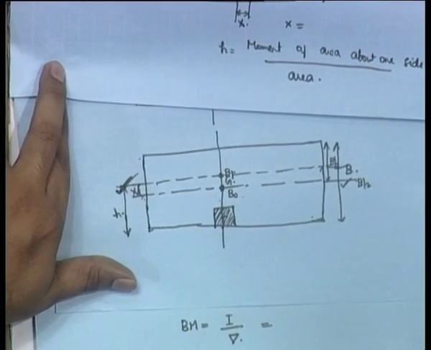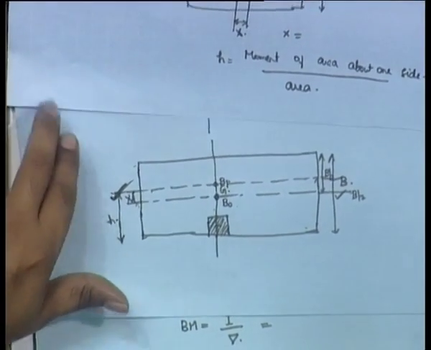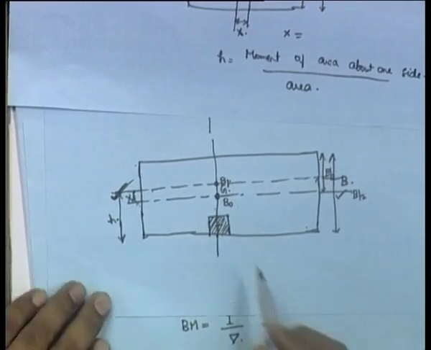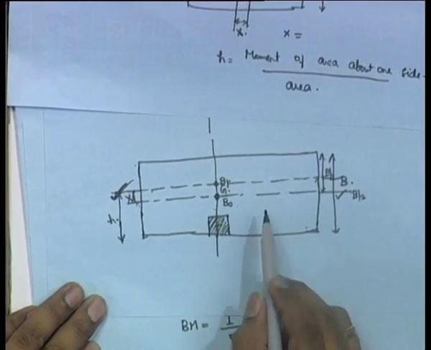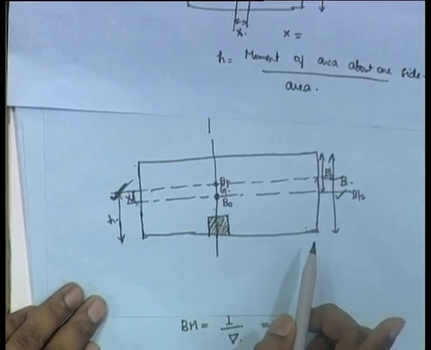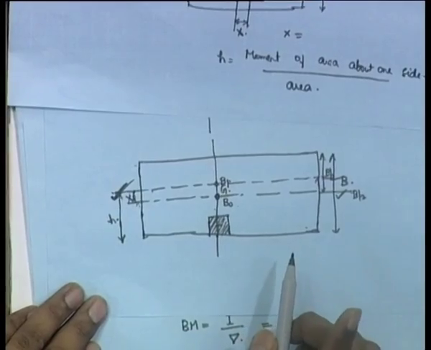Now, this is probably the only problem. There are different ways to calculate this. You can calculate I about this point b by 2 minus A y square. You know that formula, right? I about one point minus A y square, where y is the distance between the two.